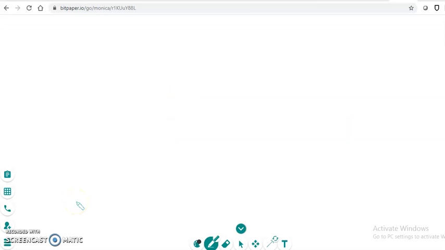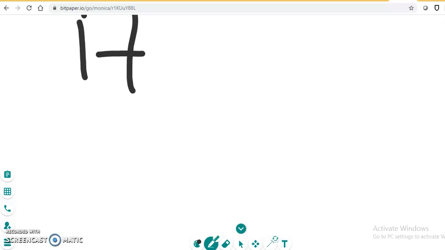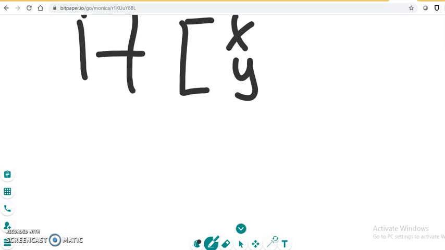Now, if you recall, when we write matrices, we write them in the form of A, and we have our variables X, Y, Z, is equal to our solution.